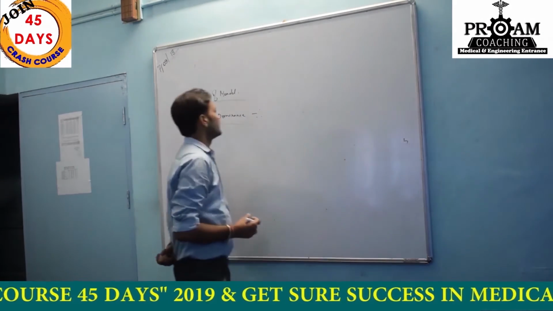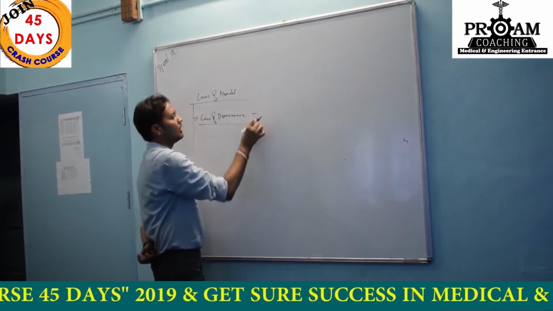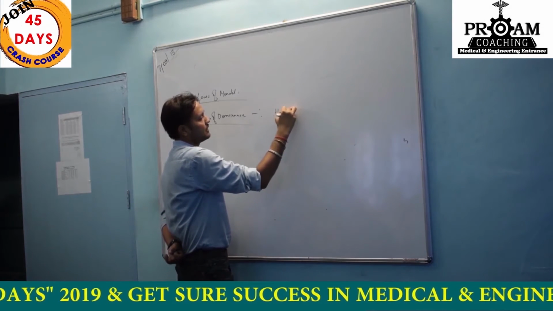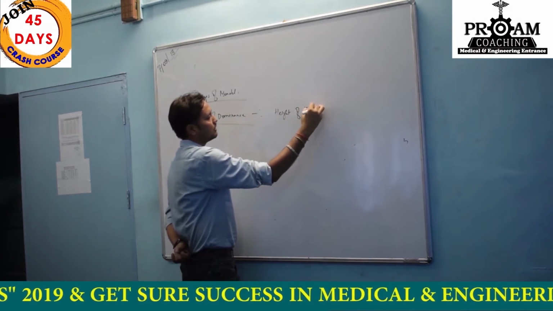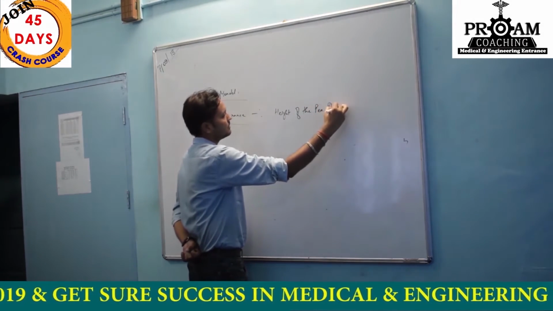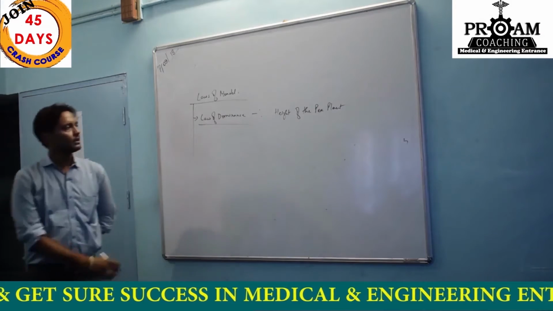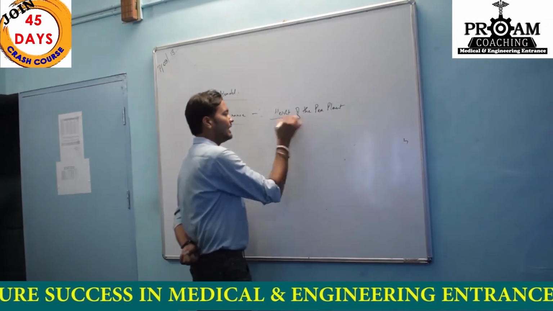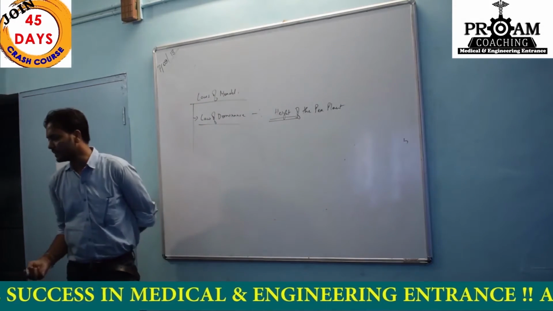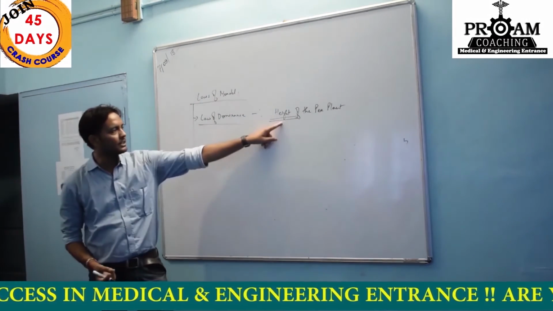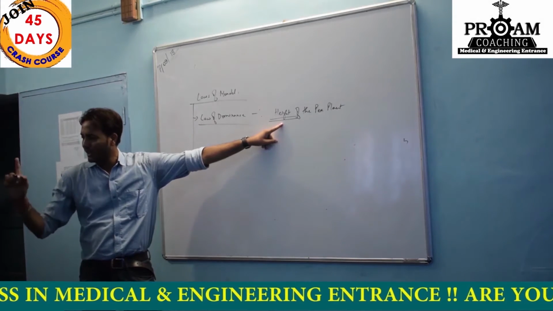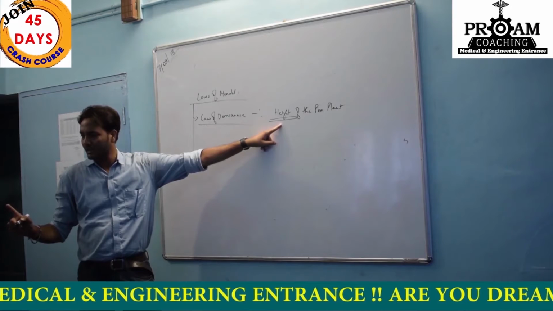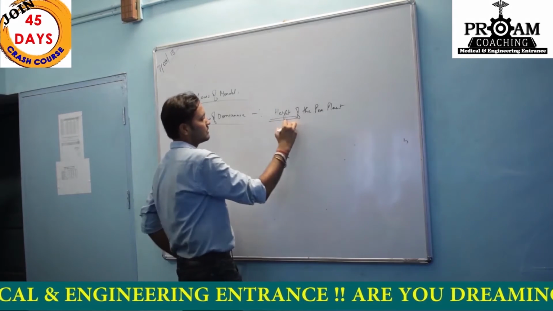Okay? For explaining this law, Mendel took the example of height of the pea plant. Height is the character. And Mendel has considered how many characters here? Only one. So this type of cross will be called as monohybrid cross.